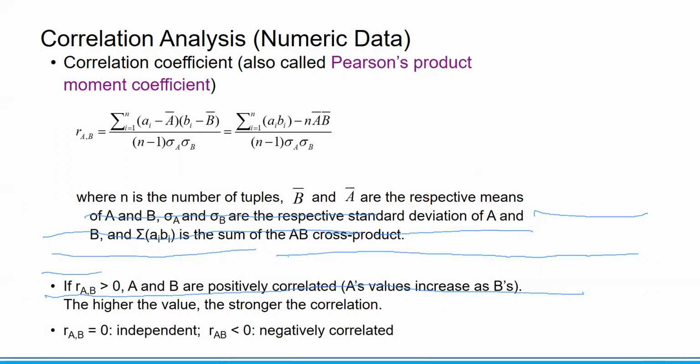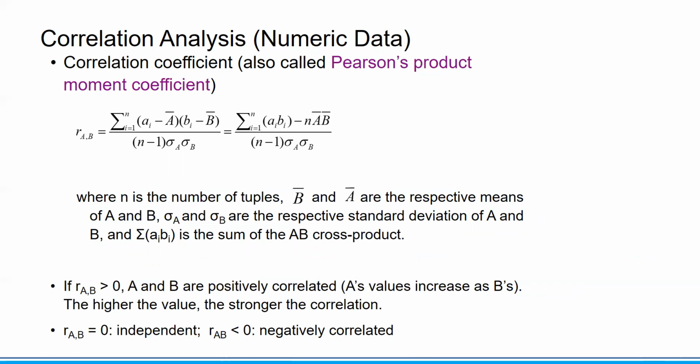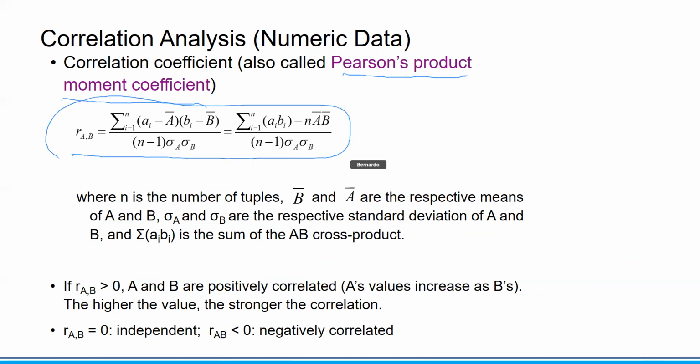If we are dealing with correlation analysis for numerical data, we can use the Pearson product moment coefficient. This is the formula. I will not discuss the formula in detail, but basically we have A and B, two different columns, and you want to see whether the numerical data between the two are correlated or not.